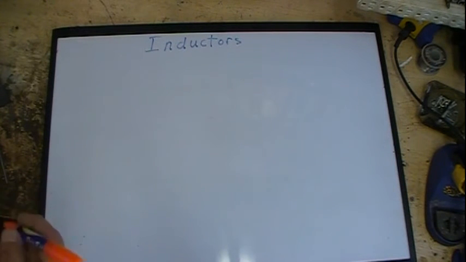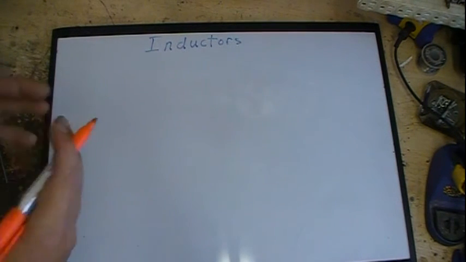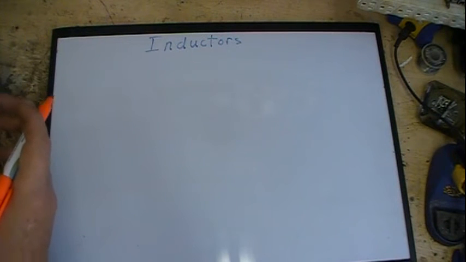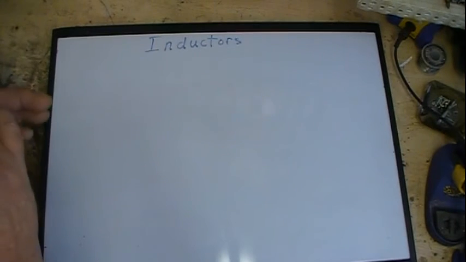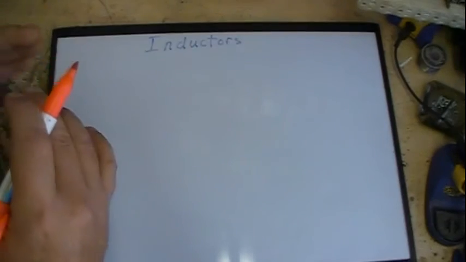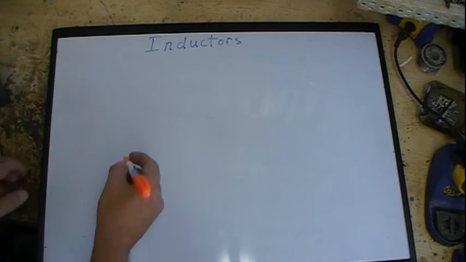Now the reason for that has to do with the fact that we do have the counter EMF. And the counter EMF is actually opposing change, which basically means the current will not start picking up until we get to the peak.